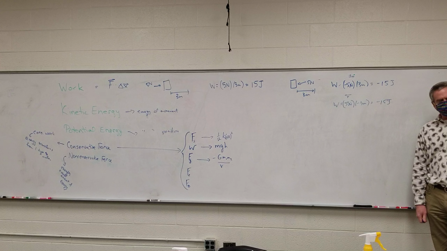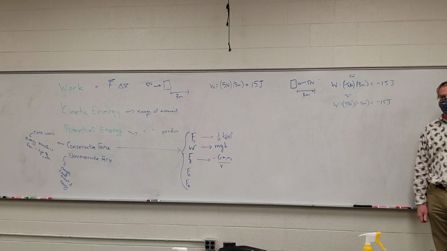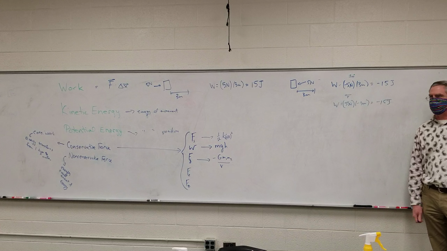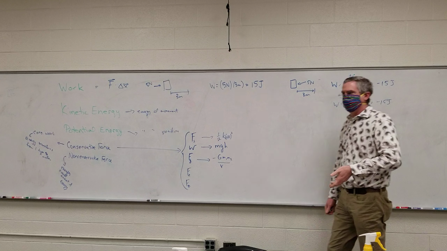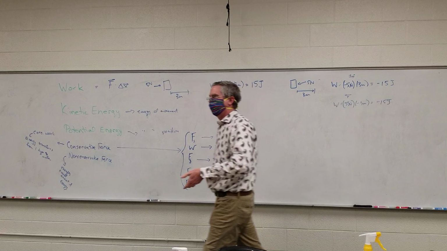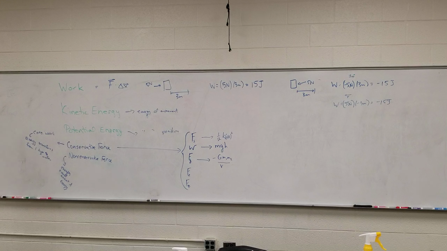And last time, did I do an example of an object falling? I can't remember the last thing I actually did. What was the last thing I actually did? The work energy relationships.